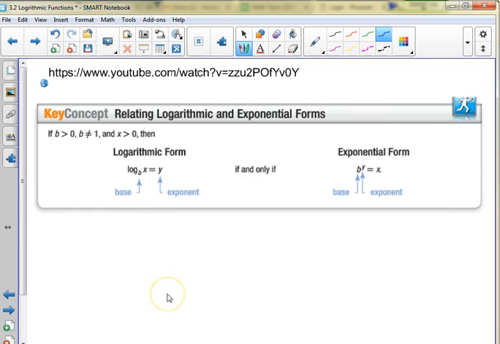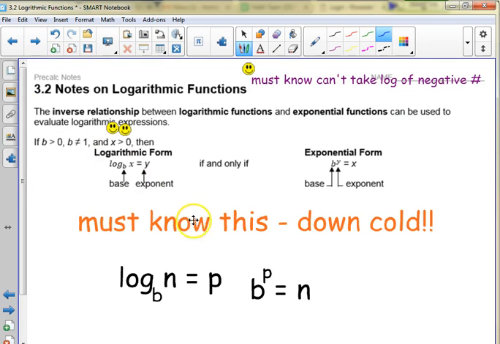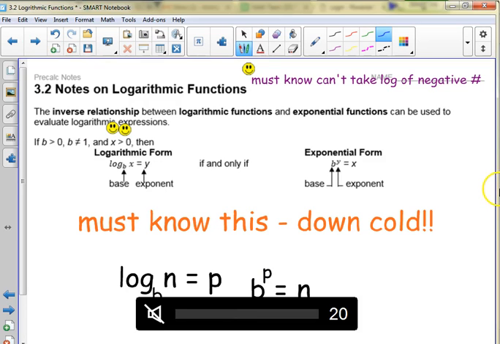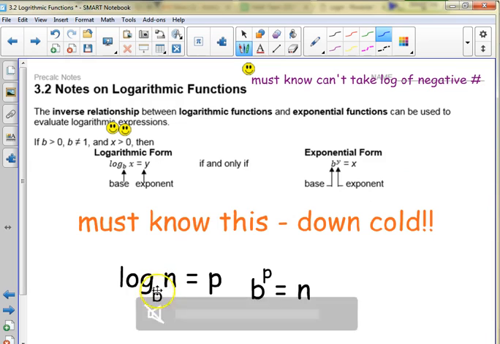Okay, guys. This is what I have on a slide, but this is what yours says. My suggestion is that you use the letters that he used, because I really think it's helpful that b is the base, p is the power, and n is the number. So it's log base b, and the answer to the logarithm is the power.